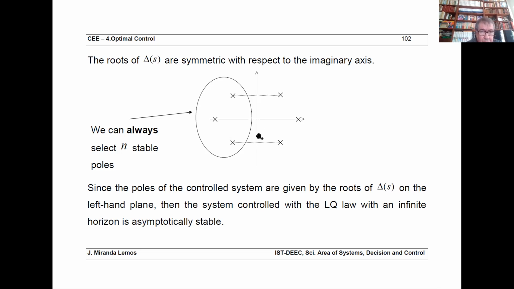You can also prove that the optimal controller is asymptotically stable, and you can do that by building a Lyapunov function.